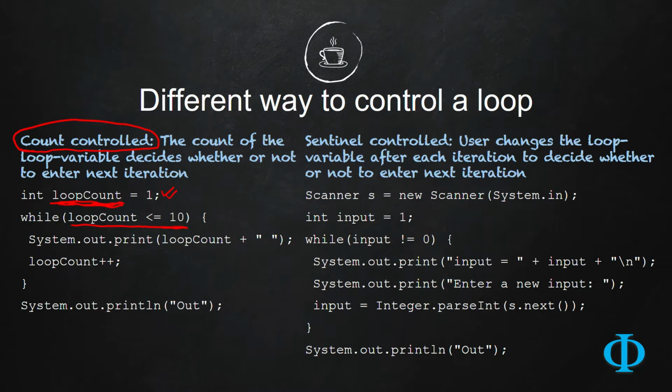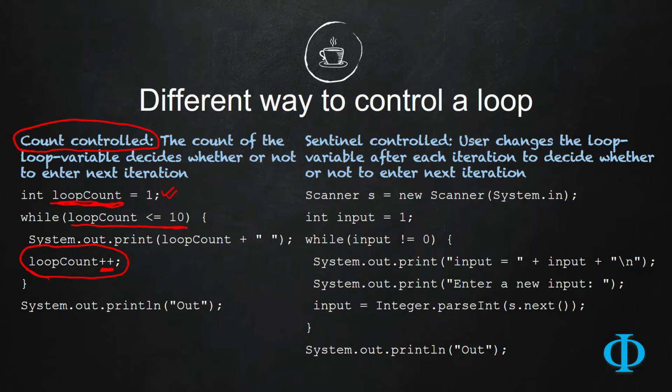And then in the end, during the modification, I am using some kind of arithmetic operation, in this case just an increment by 1, to change the value of the loop control variable.